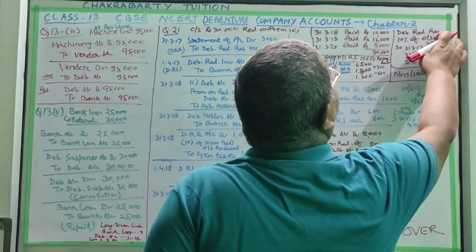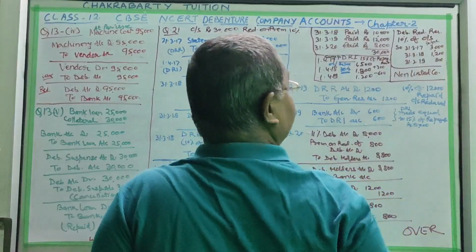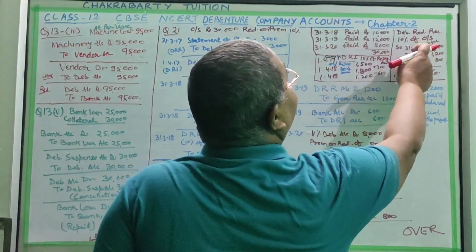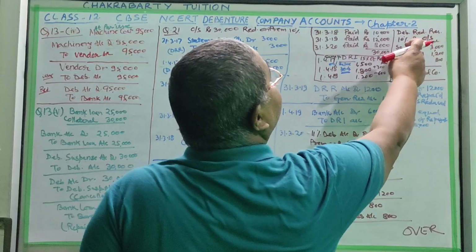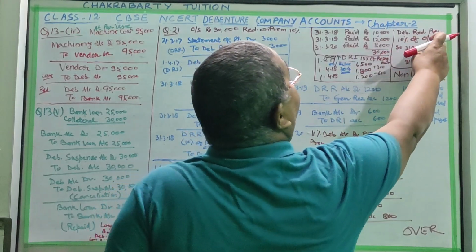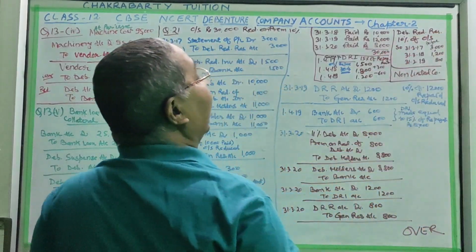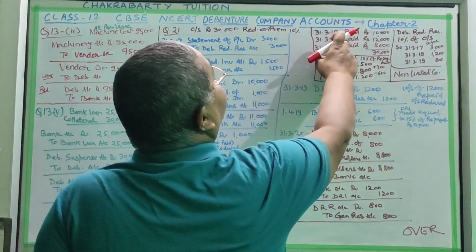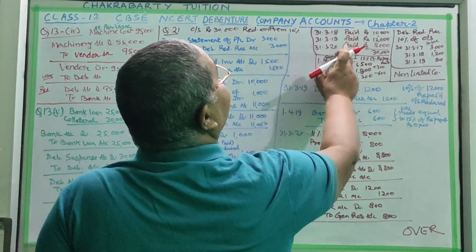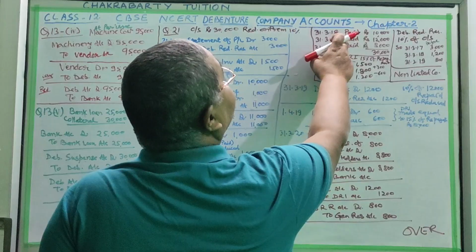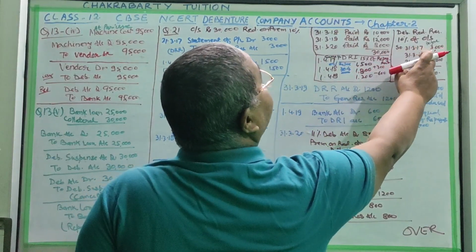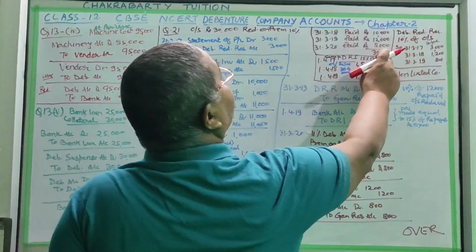And that too before the year in which it is repaid. Suppose on 31/3/18 you are repaying, so on 31/3/17 you have to create 10% of the outstanding.